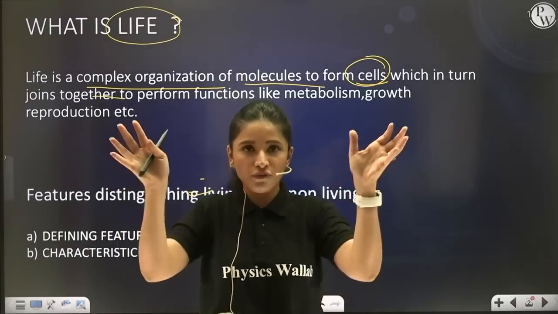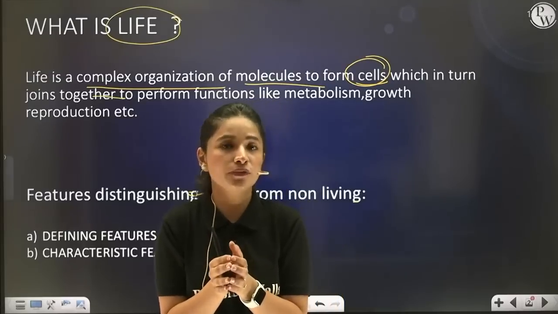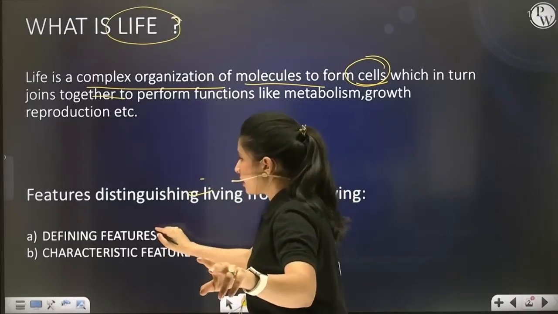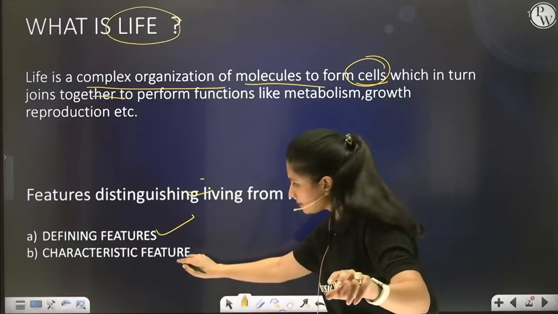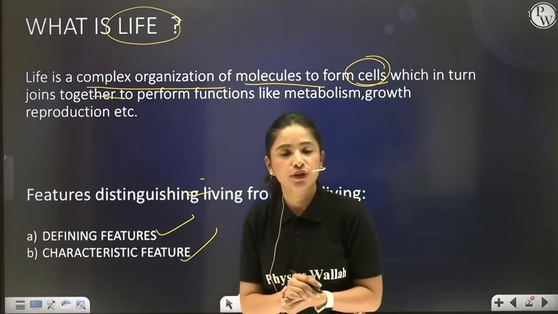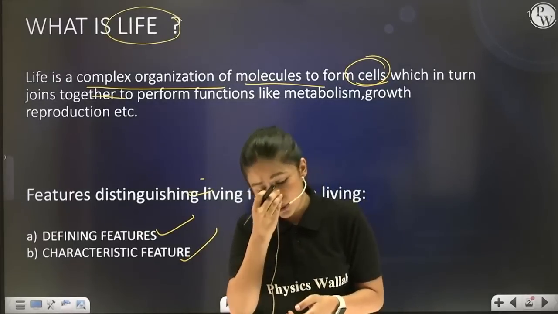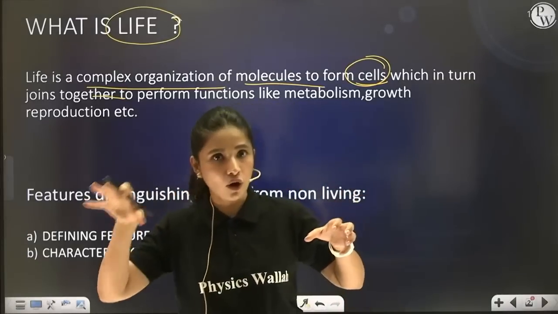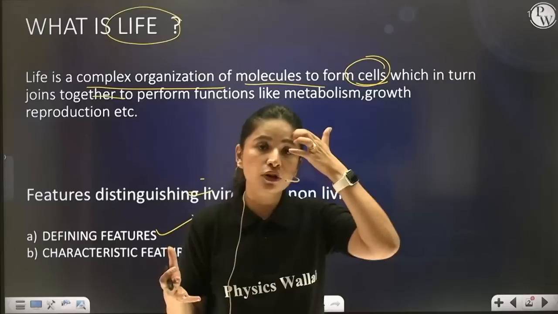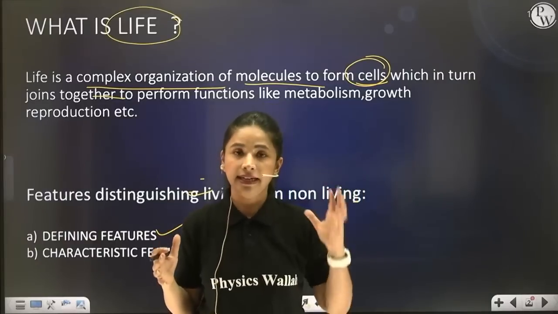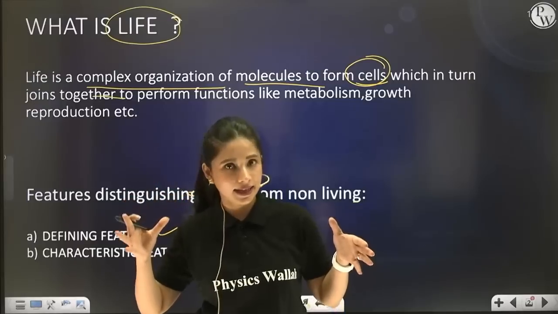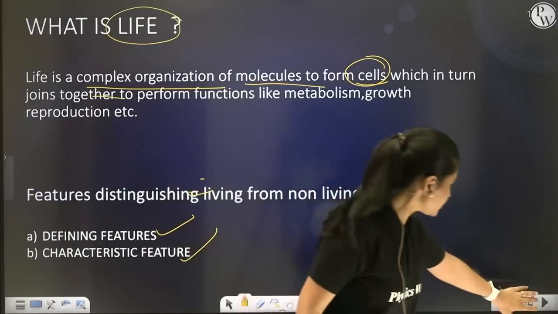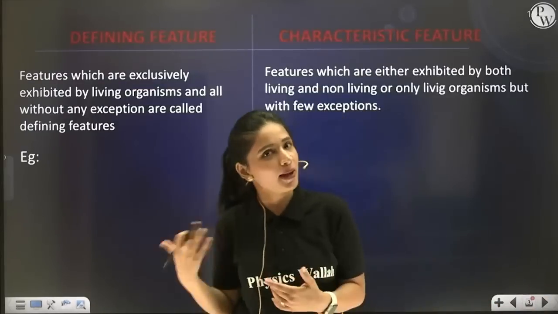First of all, we are going to categorize all those features into two categories. The two types of features are defining features and characteristic features, right? So, in order to distinguish between living and non-living, there are two types of features: defining features and characteristic features. What are defining and what are characteristic features? No need to worry when ma'am is here.